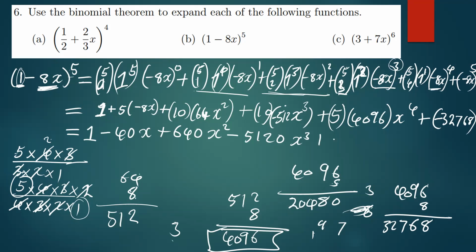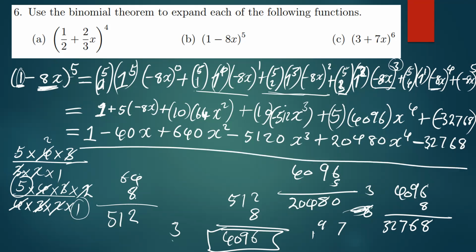We have positive 20,480 x to the power 4. Then the last number rather is negative 32,768. So this is the expansion for this binomial that we've been given there.